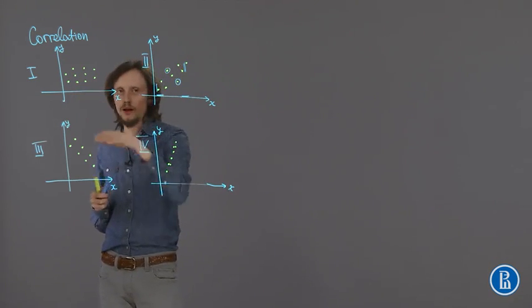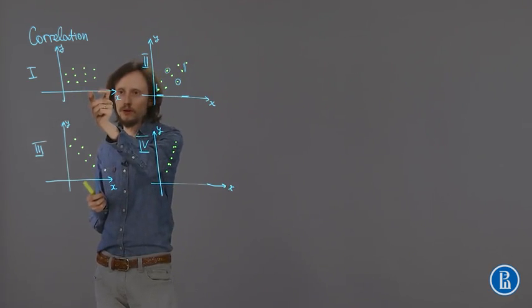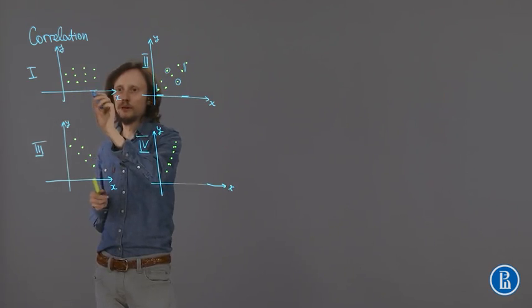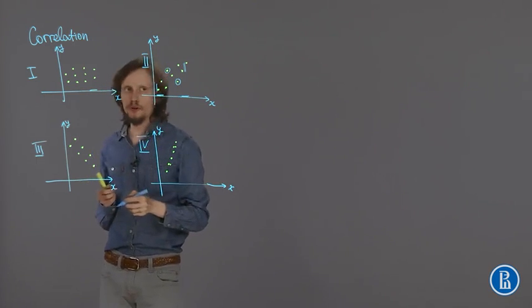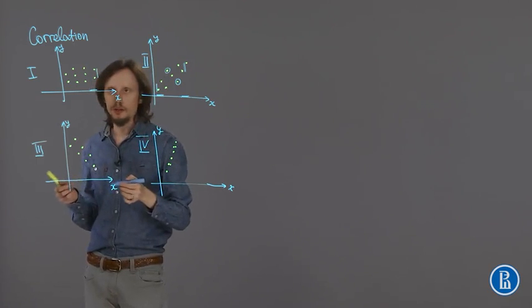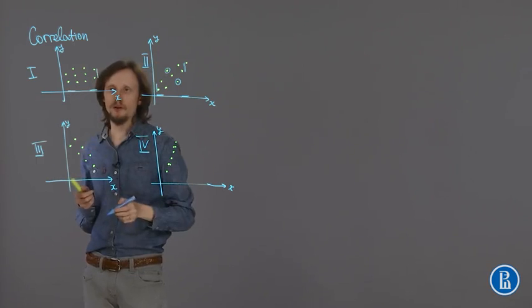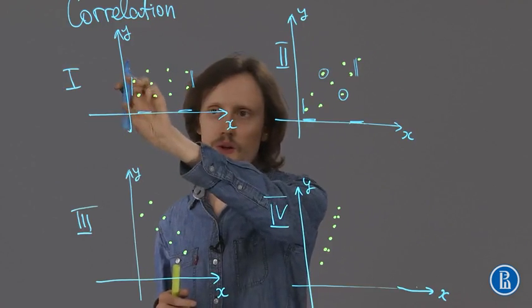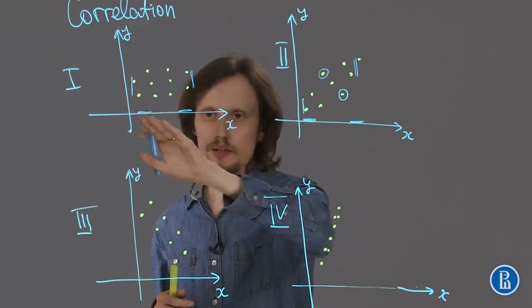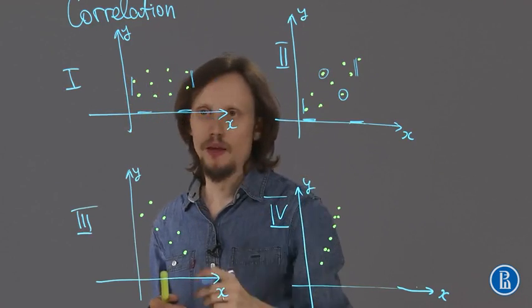On this graph, the situation is opposite. If we know some value of x, if we know, for example, that x is somewhere here, then we know that y is somewhere here. But it is the same as if we know that x is somewhere here. So the value of y more or less is independent of the value of x, at least on average.